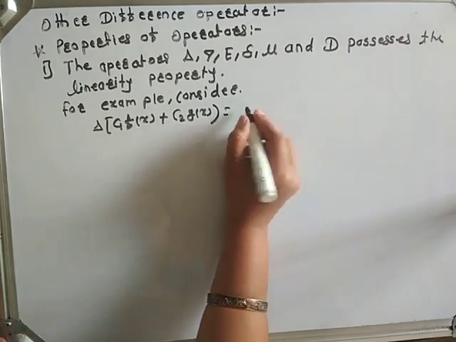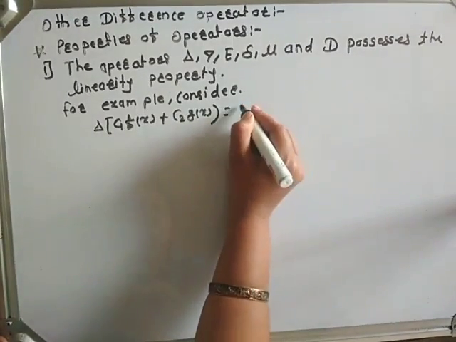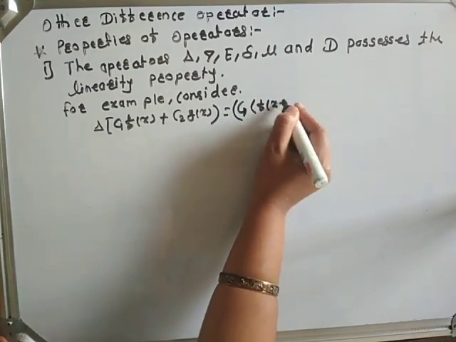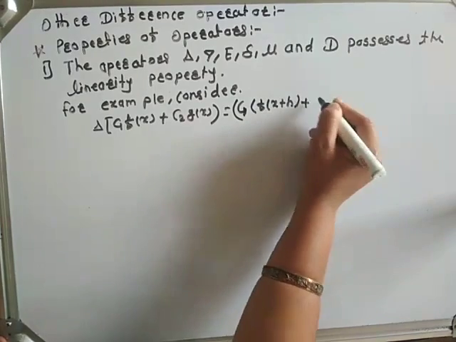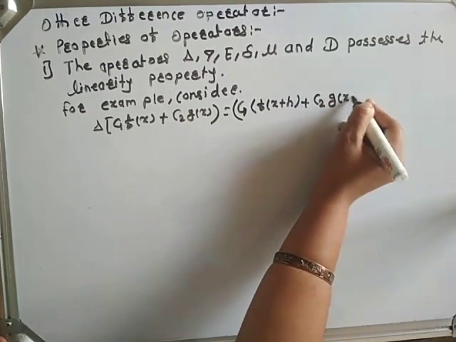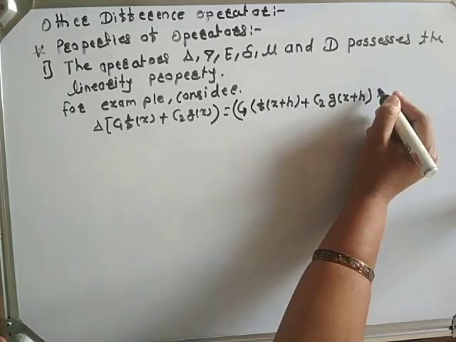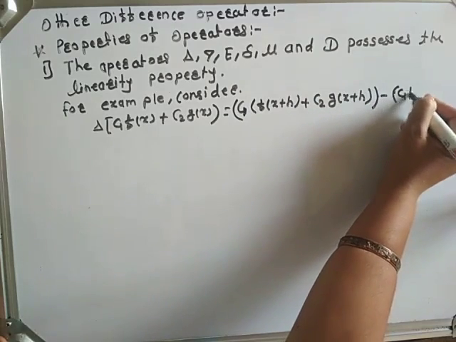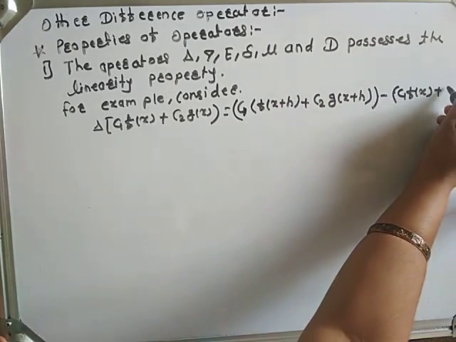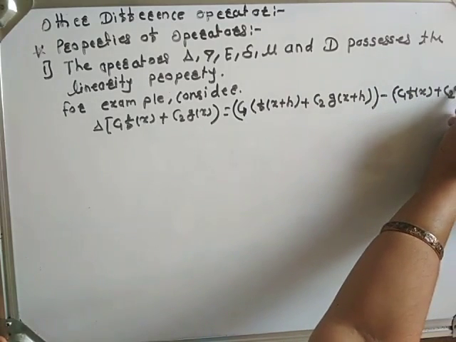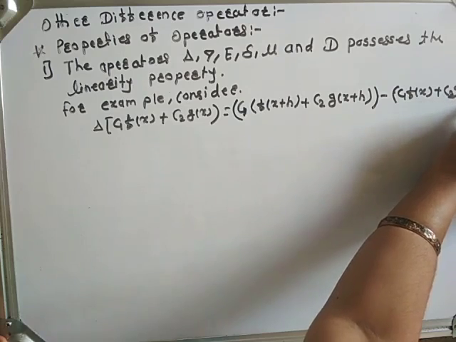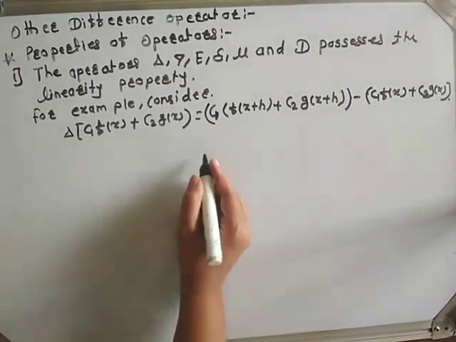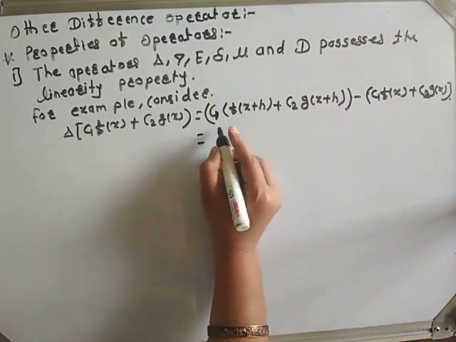Use definition of delta, which is equal to C1 of f of x plus h plus C2 g of x plus h minus in bracket C1 f of x plus C2 g of x, bracket complete. Okay.